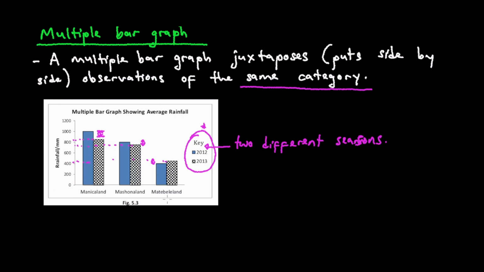Make sure your categories are on the x-axis, make sure they are written properly, and make sure that the two bars are going to be joined together. So what is detached?